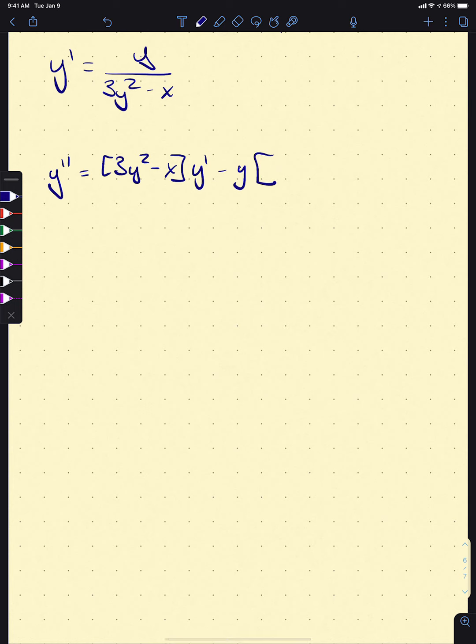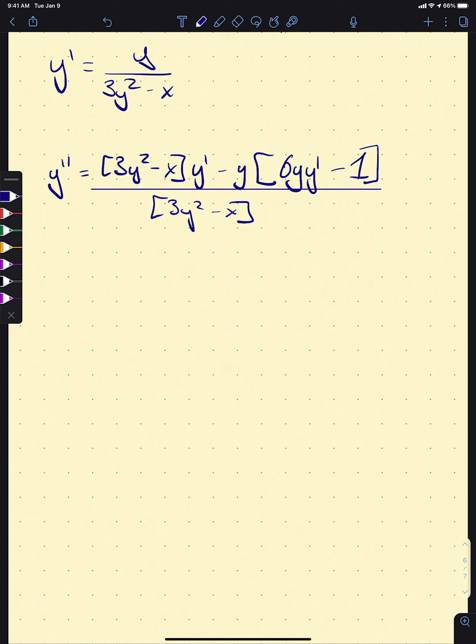But what's d low going to be? The derivative of 3y squared is going to be 6y y prime, the derivative of x is just 1, and then we want to divide all of this by 3y squared minus x, okay?